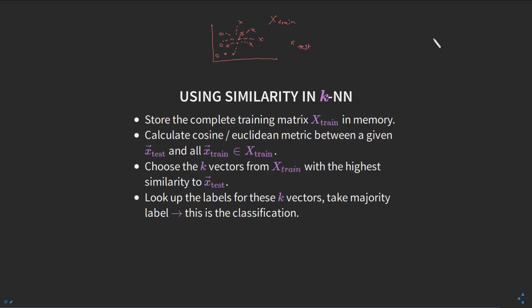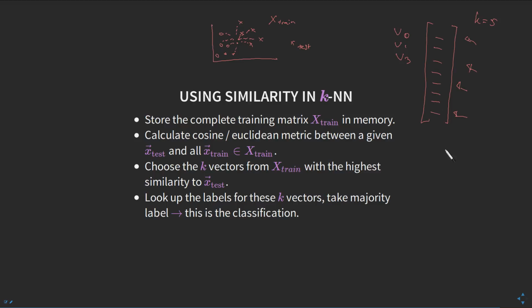And then in the end we get a nice list with all the similarities between our test instance and the vectors that we have in this space. And then we just choose the ones which have the highest similarity up to k. So say that k is 5, we will choose the 5 that have the highest similarity.